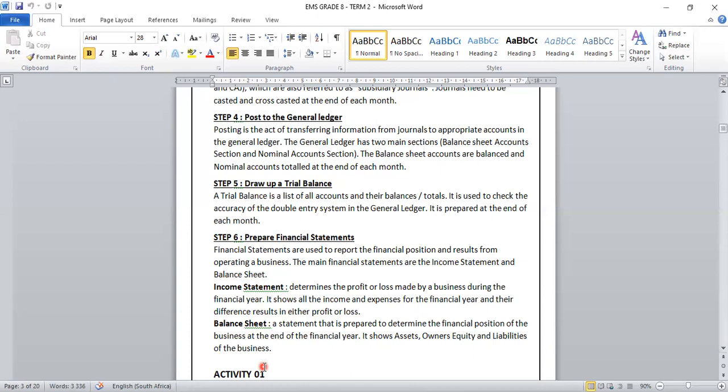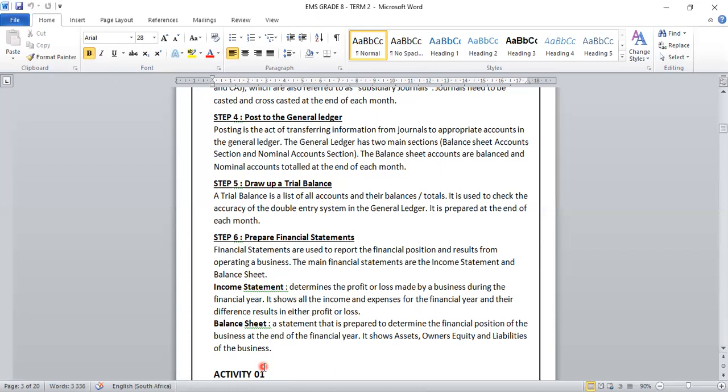A financial period is a period of 12 months, and it is very important that the financial statements are prepared at the end of the accounting period, because it helps the owner to see how the business has done for the financial year.